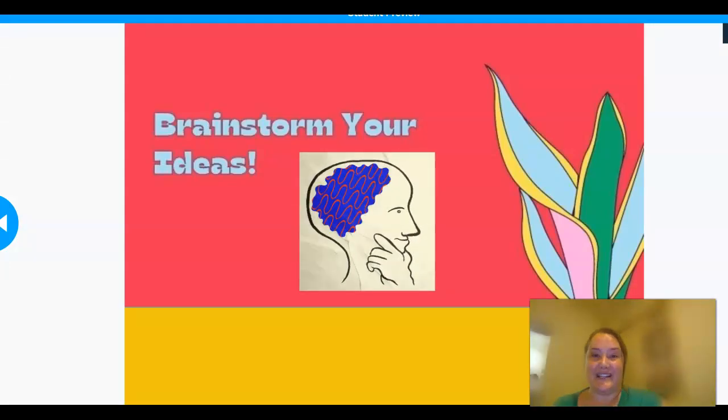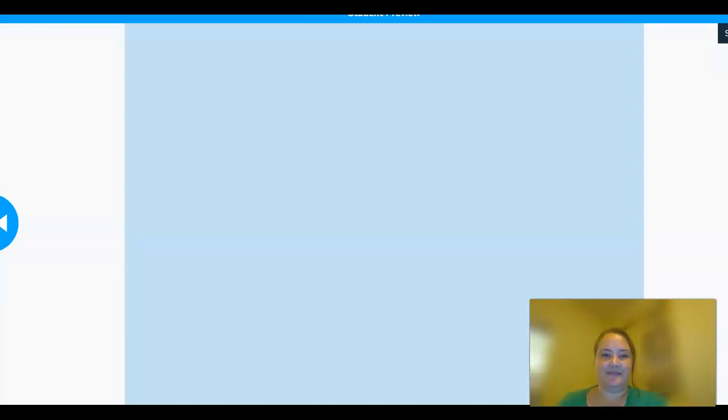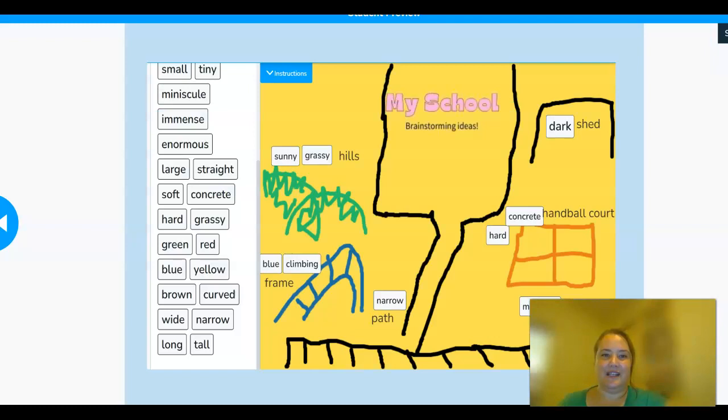Okay, let's brainstorm your ideas now about your school. So this is what you could draw. You're going to get a chance to move across some of those words, and you might choose to have some sunny, grassy hills because you can add text in yourself. You might choose a blue climbing frame and draw that here. Is there a narrow path up to your school, or is there any path at all?